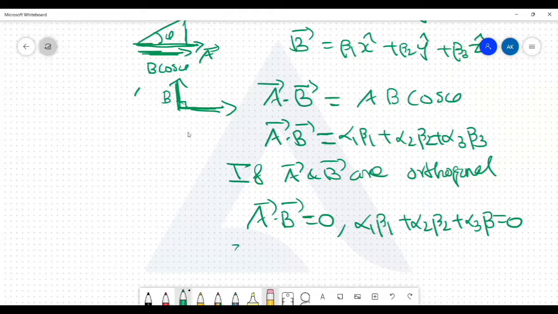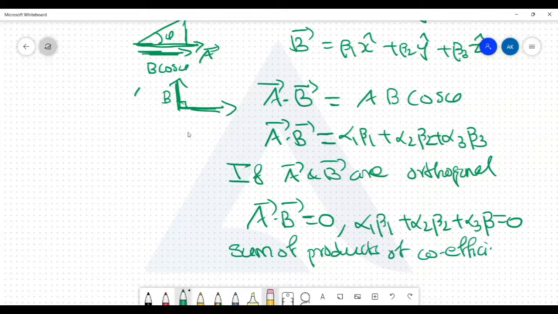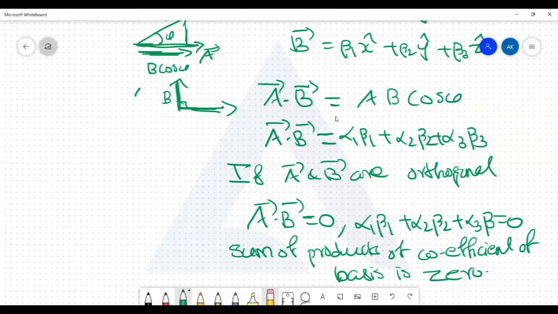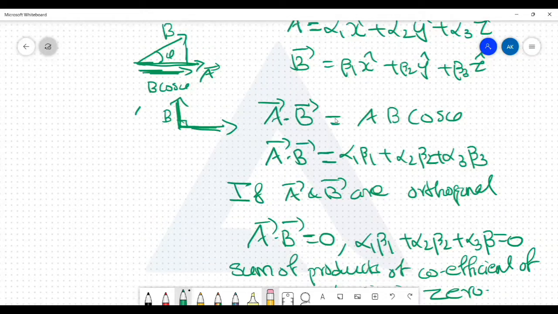That is, sum of products of coefficients of basis vectors. What is the basis here? Our basis is x cap, y cap, z cap are the basis vectors.